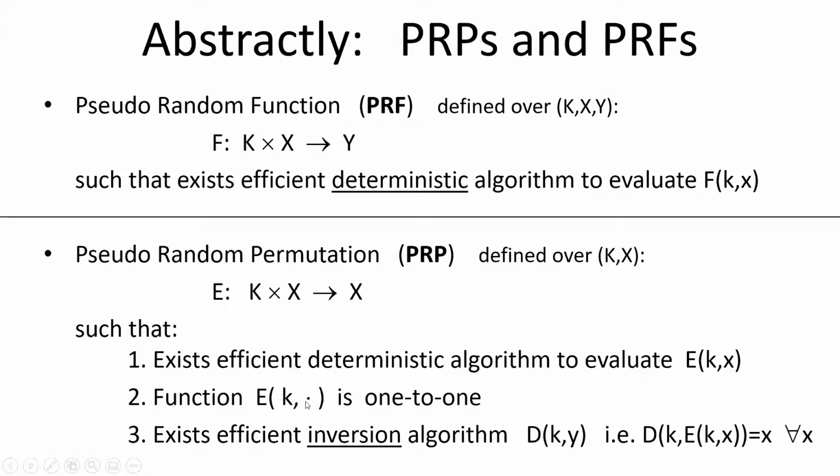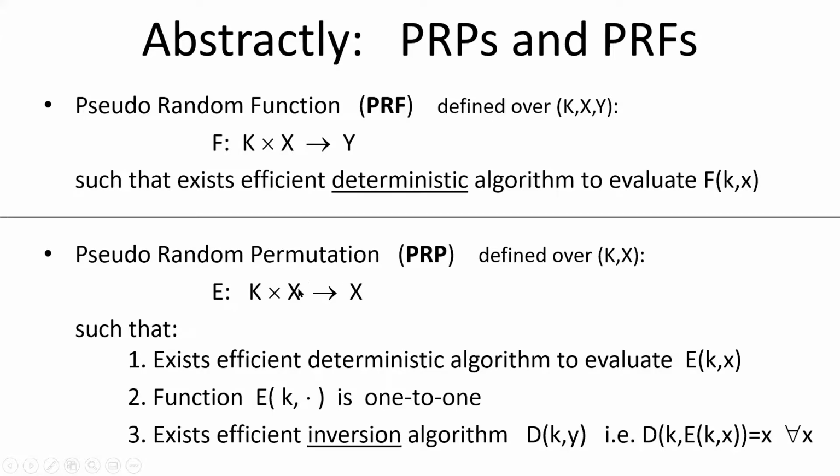In other words, it's a permutation. It's collision free. If you compute on X1 and compute on X2, they map to two different elements in the range. And not only that, because the domain and range are the same and it's a one-to-one function, therefore for every key it's a bijection.